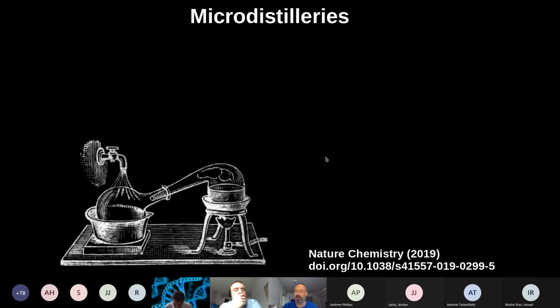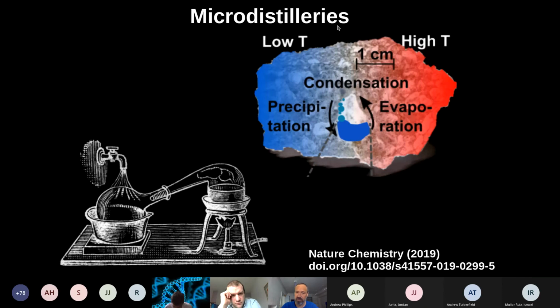And go for that. So just closing it up, I want to make a short remark that we are very interested in microdistilleries, where we have, again, a porous rock sample, and think about molecules and liquids in that temperature difference.